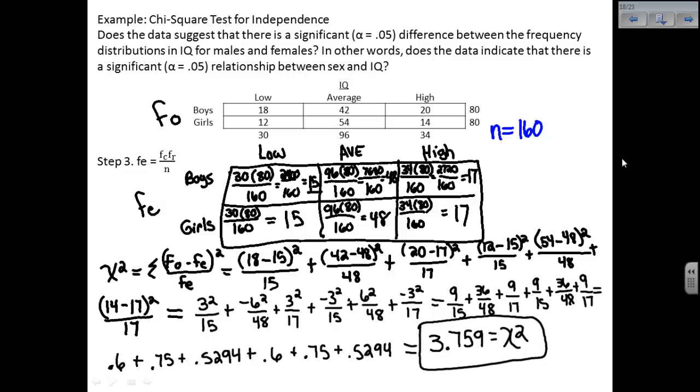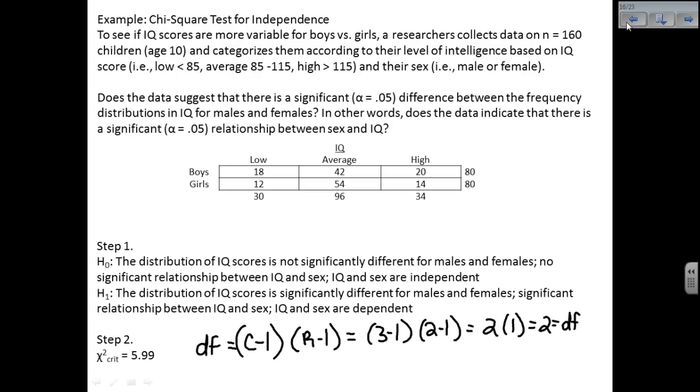Finally, our chi-square value. Oh, hooray. So now we need to see, does 3.759 fall in the critical region? And it does not. It does not exceed 5.99.